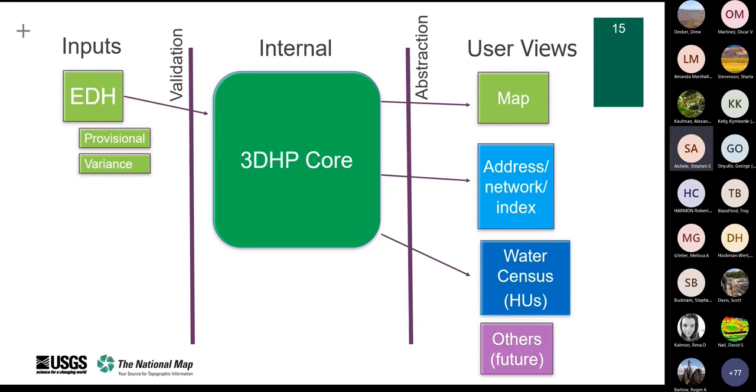Then we have this big core thing that is a little bit vague, and actually intentionally vague, because this is where we address a different set of problems that we had incorporated in the NHD, and that was that there was only one thing, right? There was the whole NHD. So when you wanted to edit the NHD, you got the whole NHD. When you wanted to use the NHD, you got the whole NHD.